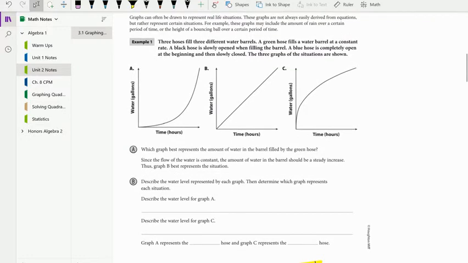So in part A, what is actually happening is the water level for graph A begins slowly and then increases over time. So it begins slowly, but increases quite rapidly, actually.